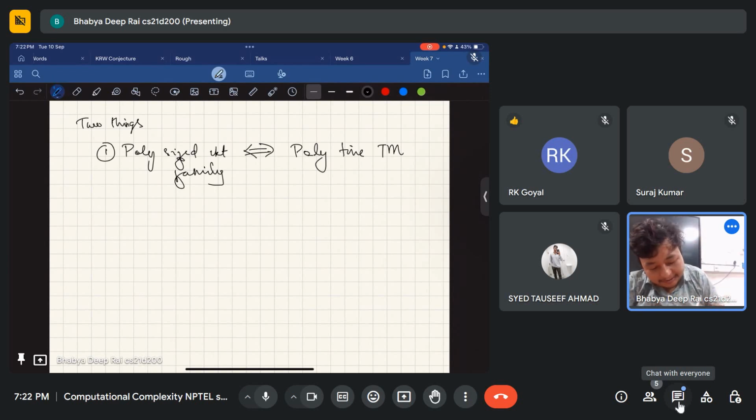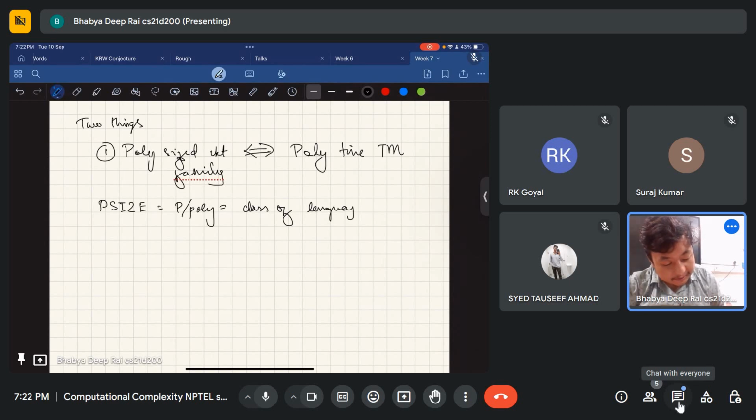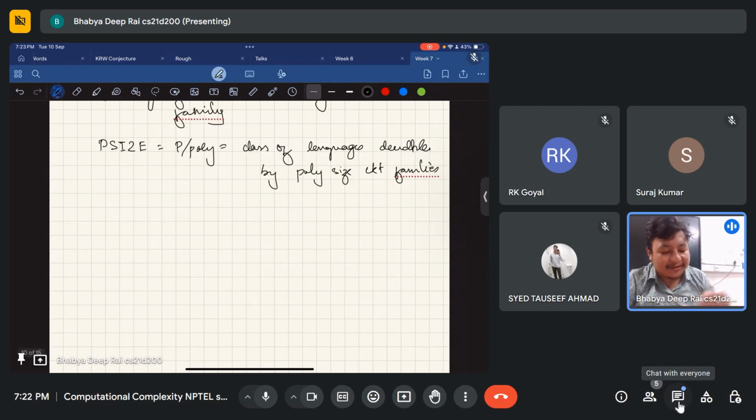What is P size, which is also called P slash poly? It is the class of languages decidable by polynomial size circuit families.